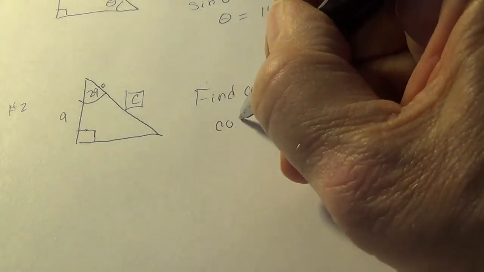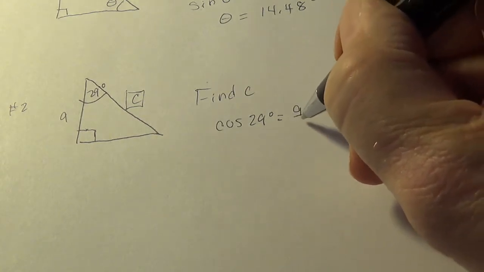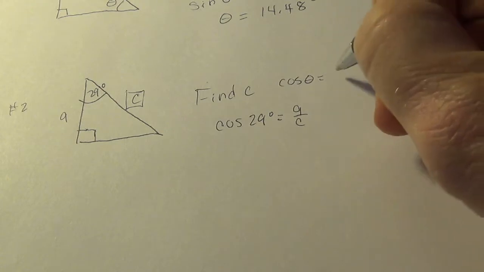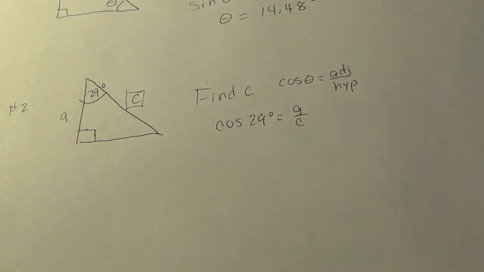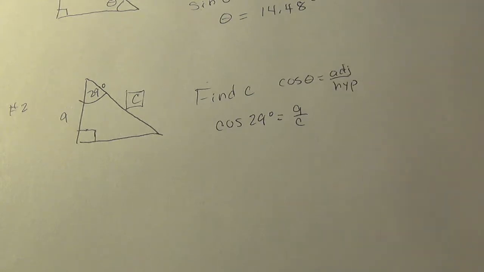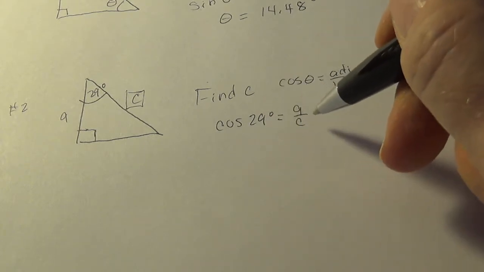So I'm going to use cosine of 29 equals adjacent over hypotenuse, because cosine of an angle is adjacent over hypotenuse. Spend some time memorizing these if you haven't already. So, cosine of 29, I'm going to calculate that all at the end.